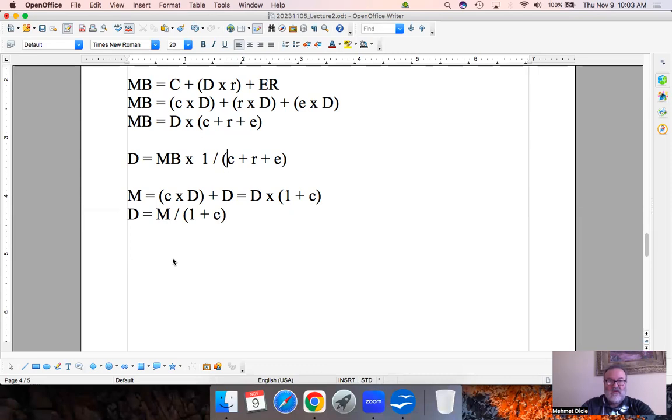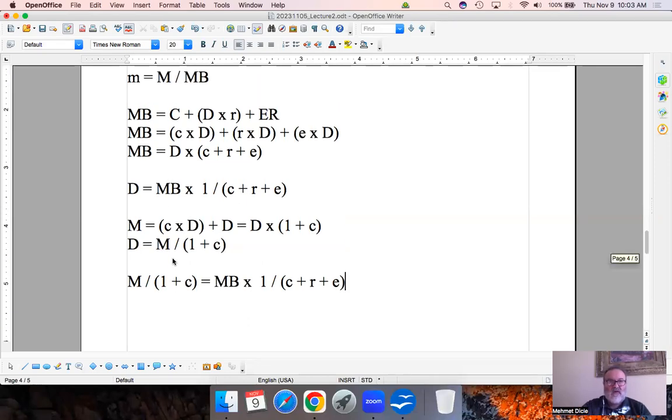So then, going back to this, I can have D replaced by this. Very simple, right? And then I'm going to have the rest of this right here. Very easy. Now, remember, the money multiplier is M over M, money over monetary base.